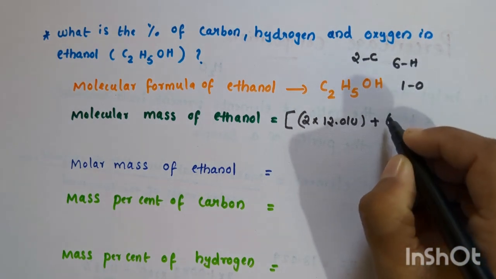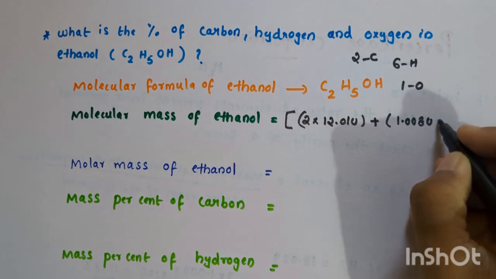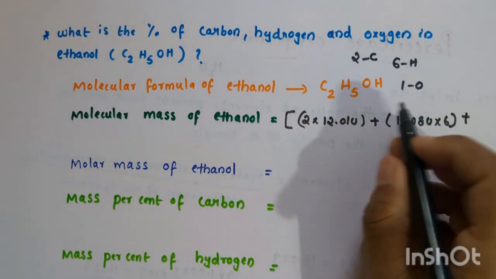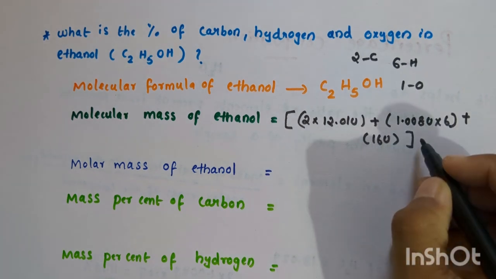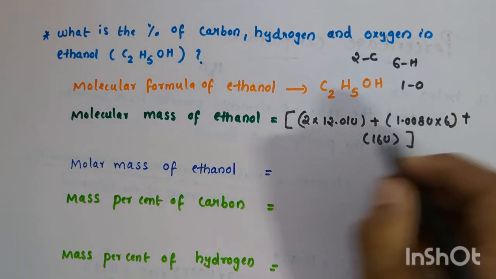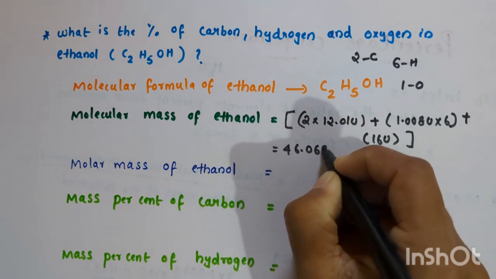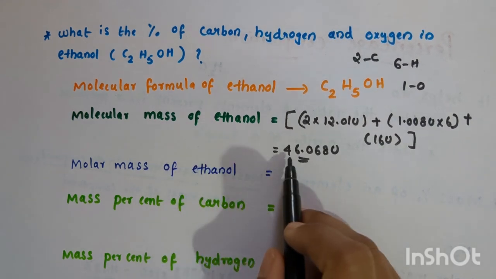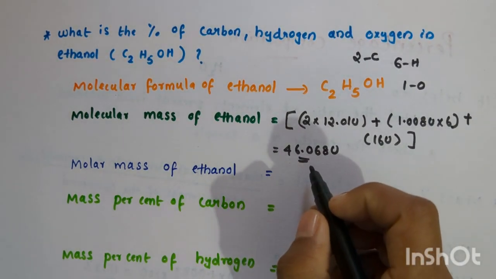For 1 hydrogen the mass is 1.008 U, so for 6 it is into 6, plus 1 oxygen, that is 16 U. When you add all these, you will get 46.068 U. So the molecular mass of ethanol is 46.068 U. U means unified mass.